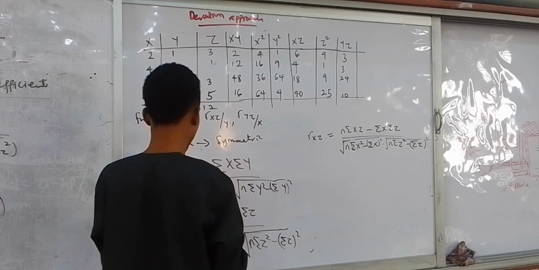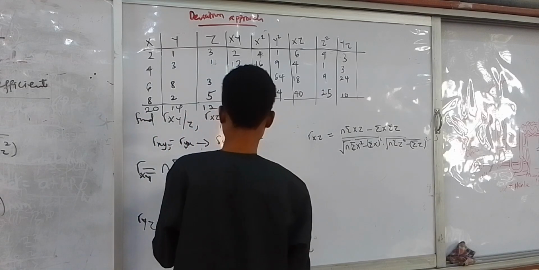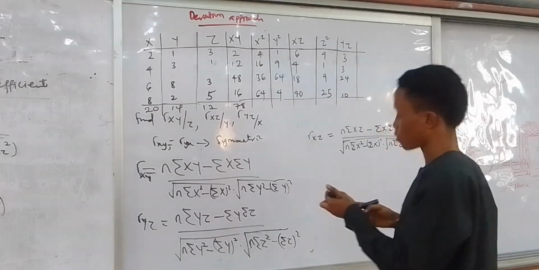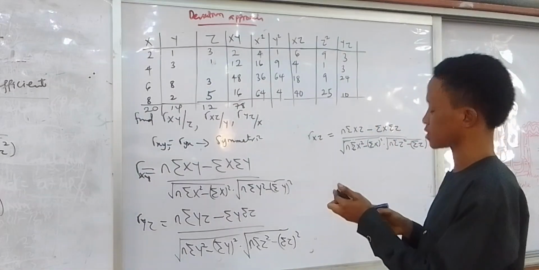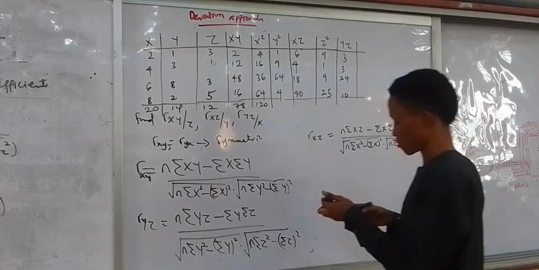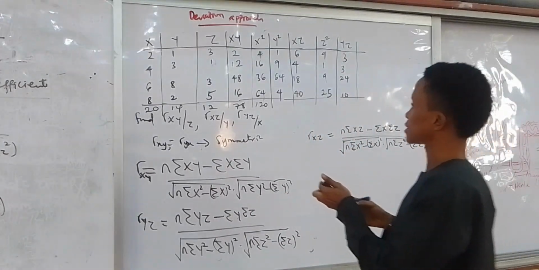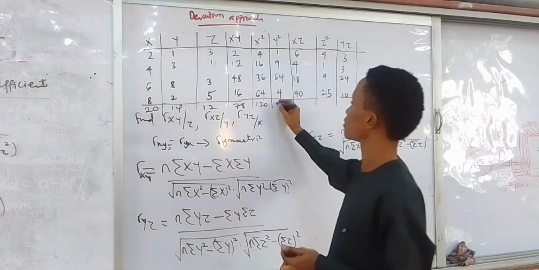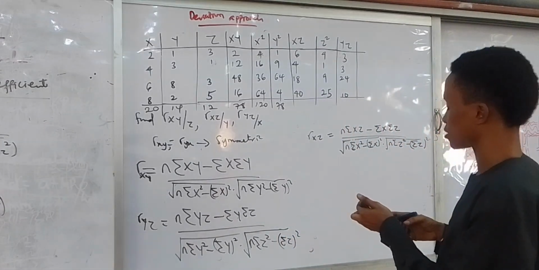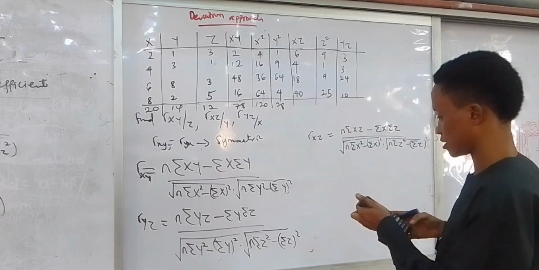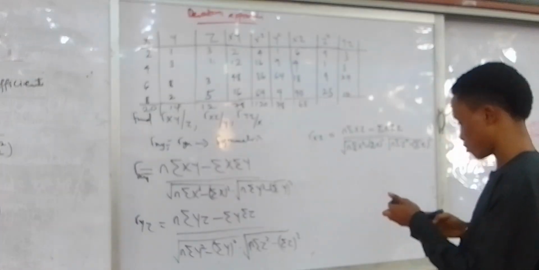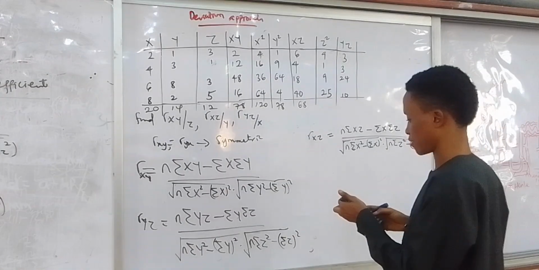For xy: 2 plus 12 plus 48 plus 16, we have 78. For x squared: 4 plus 16 plus 36 plus 64, we have 120. For y squared: 1 plus 9 plus 64 plus 4, we have 78. For xz: 6 plus 4 plus 18 plus 40, we have 68. And for z squared: 9 plus 1 plus 9 plus 25.